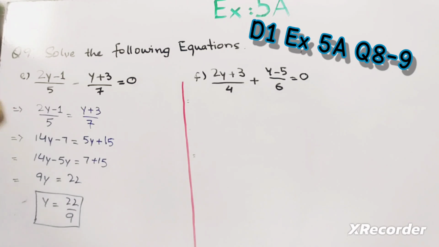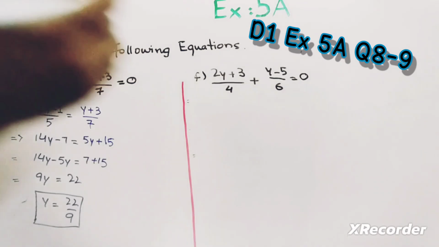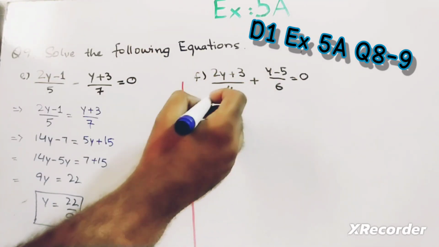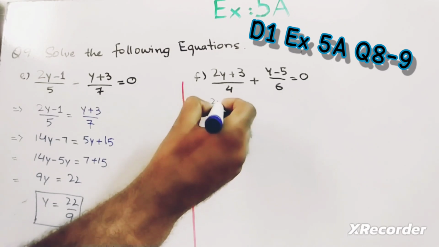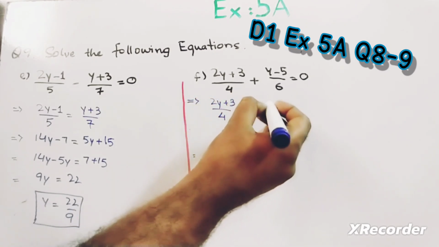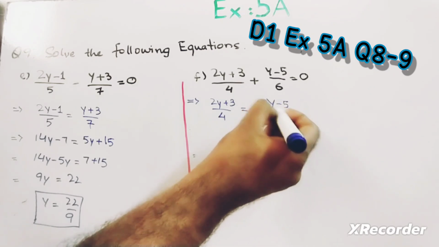Last part of this exercise, part F: (2y plus 3) upon 4 plus (y minus 5) upon 6 is equal to 0. Similarly, we just move this to the second side. So (2y plus 3) upon 4 is equal to minus (y minus 5) upon 6.